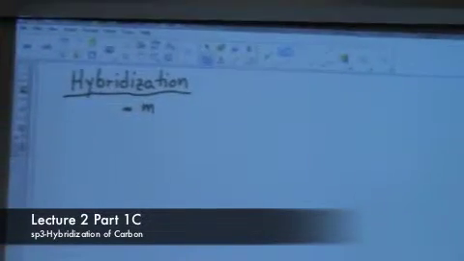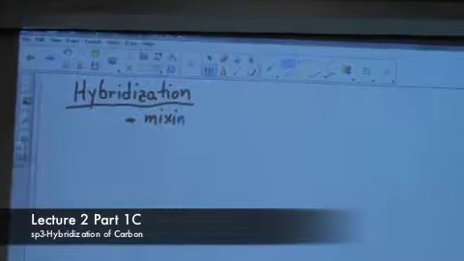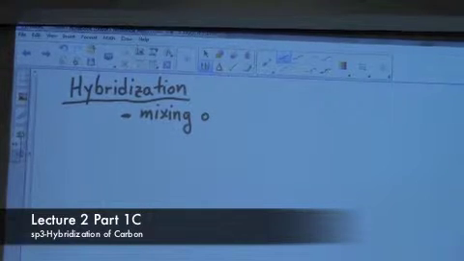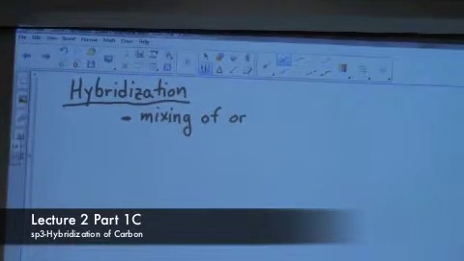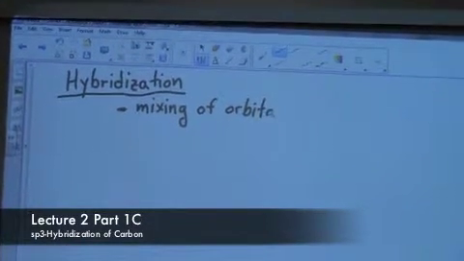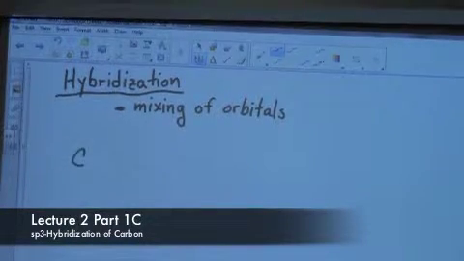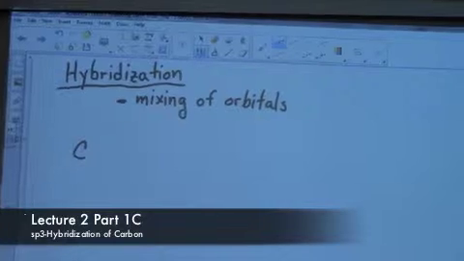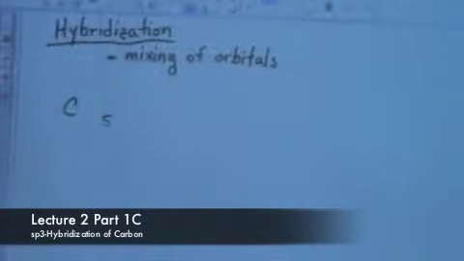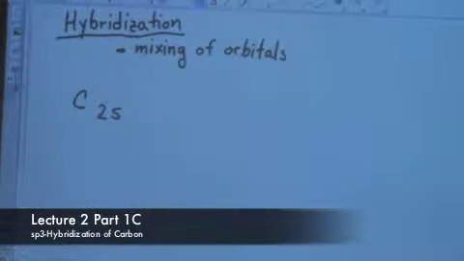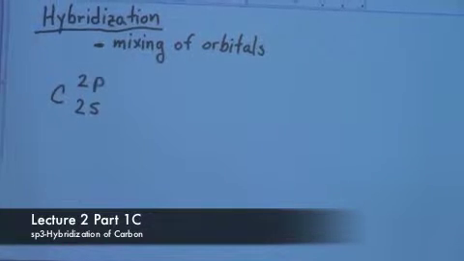Okay, and hybridization is the mixing of orbitals. So in the case of carbon, like we said, we had 4 electrons being spread out between the 2s and the 2p orbitals.